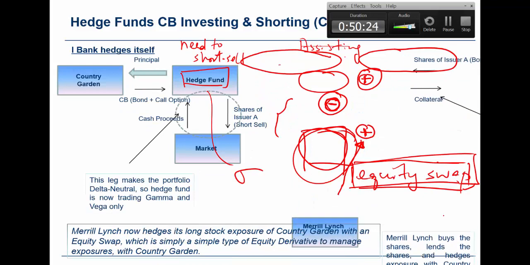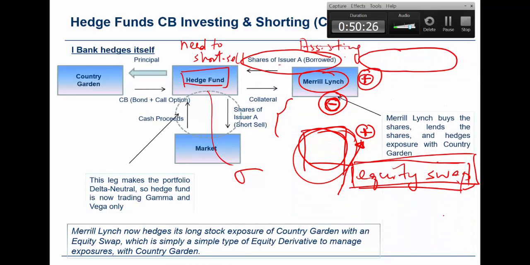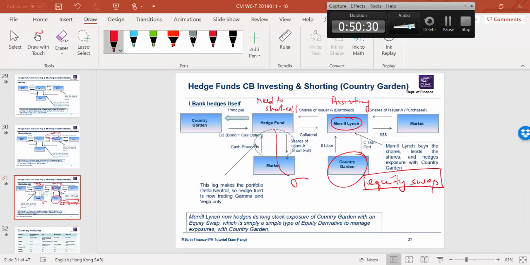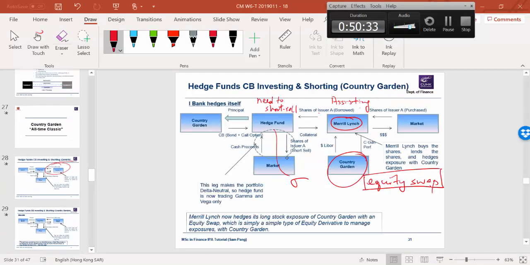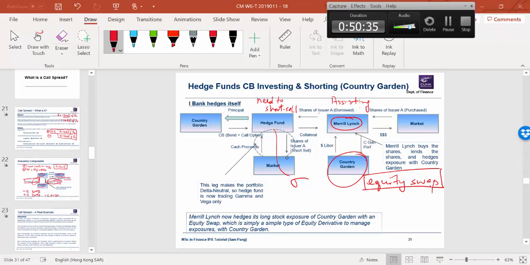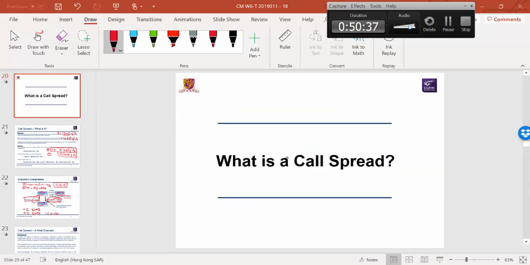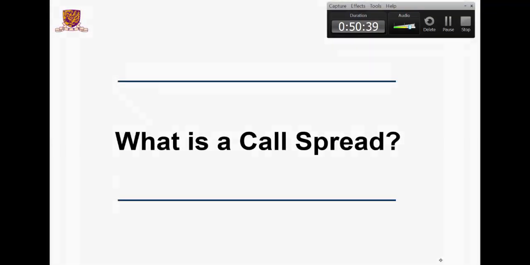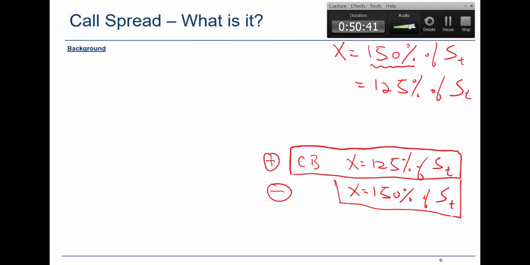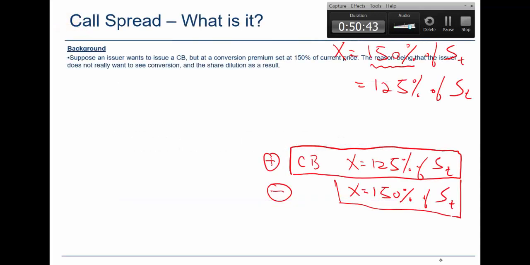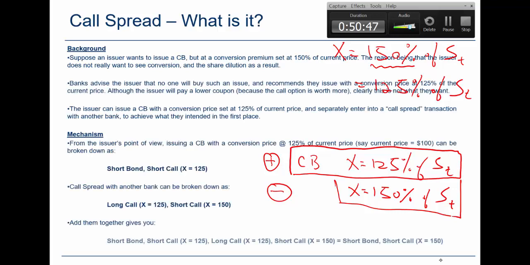The only other thing I want to just quickly go through is the call spread. Okay, and I have written some notes here. I think they are quite easy to understand. So I'll show you the diagram.